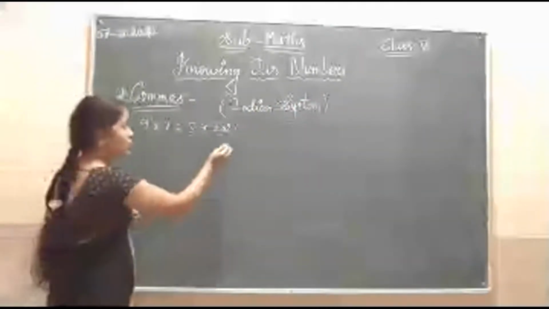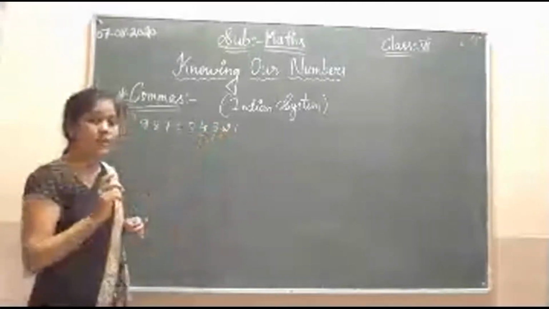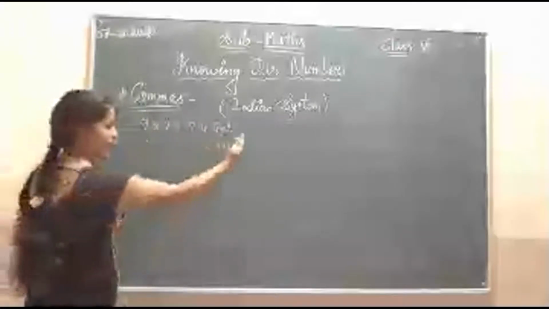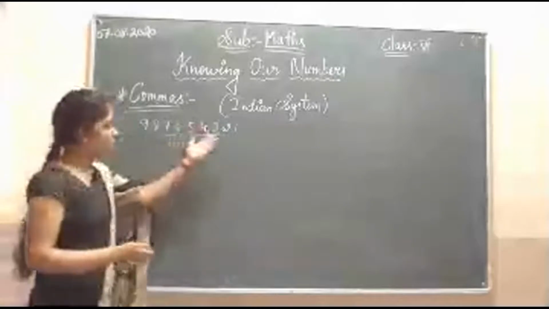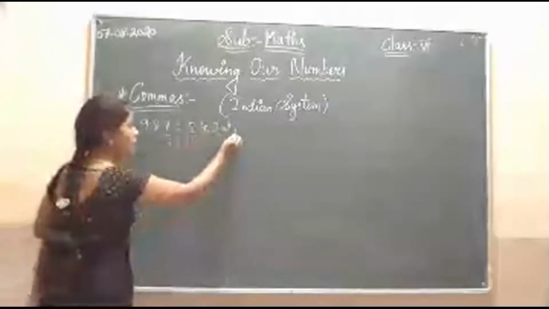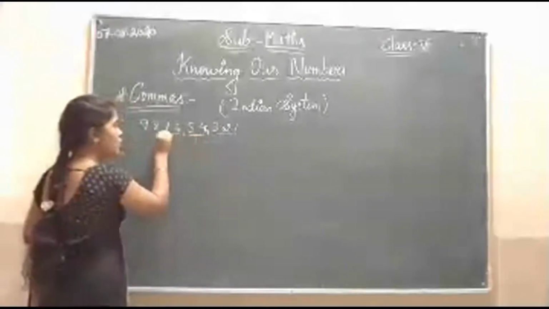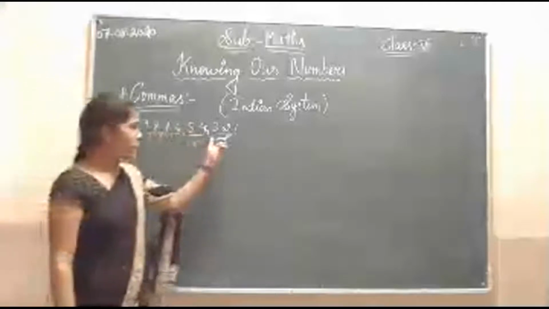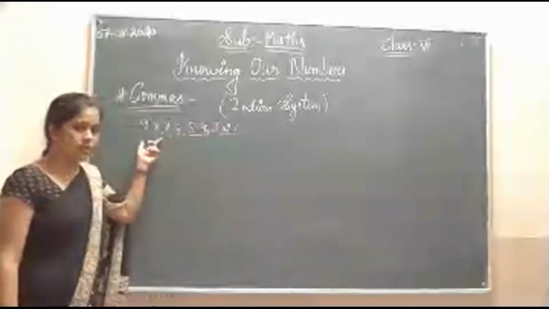See here. See carefully, dear students. In the Indian system, first we will select 3 numbers from the right side, from the back side of this number, then put a comma, then 2 numbers, 2 numbers, and 2 numbers. This is how we go. 3 numbers, 2 numbers, 2 numbers, and 2 numbers.